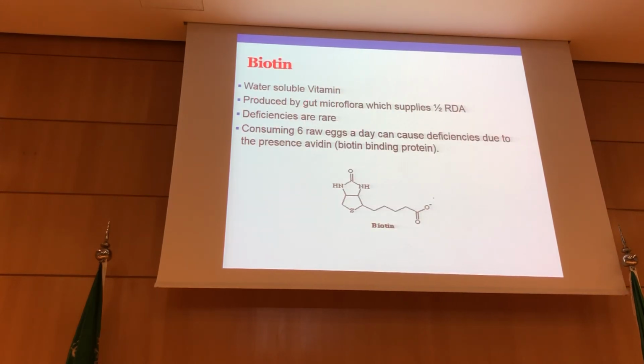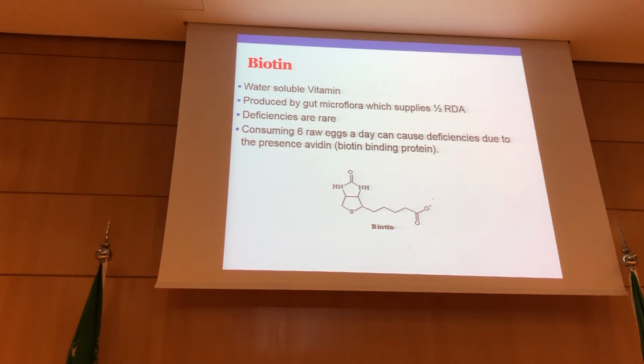Biotin is another water-soluble vitamin which is also supplied by our normal flora, and it is important to know that we cannot have deficiency because we make it, unless we are taking avidin in large amounts. How can we get avidin? Avidin is a protein that binds to biotin and prevents its absorption.